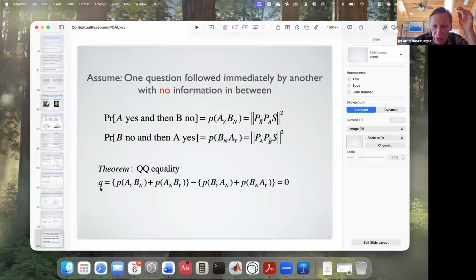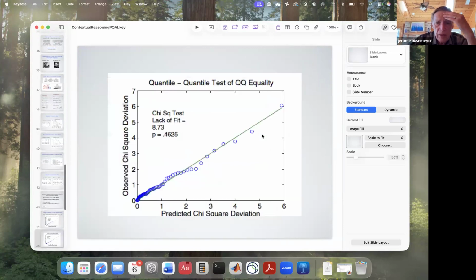I mean, when we first derived this, we were scared because we thought we'd disprove our own theory. Yes, it's parameter free and a priori. It just comes from changing the order of these projectors. And what we find is that this is a QQ plot. This is the predicted chi-square from our theory, and because there's noise in the data, this is the observed.